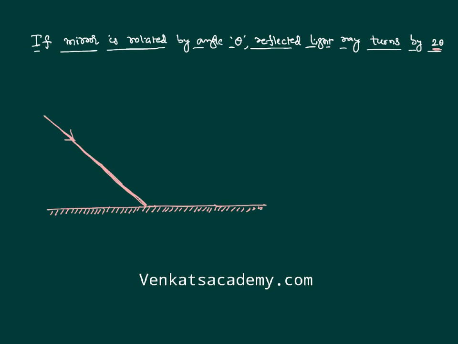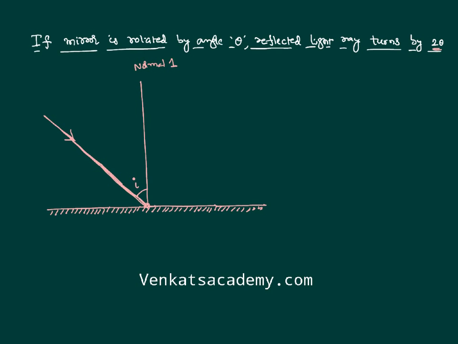This point is called the point of incidence, and if I draw a perpendicular line, that is called the normal. I am calling it normal 1. The angle between the incident ray and the normal is called the angle of incidence.